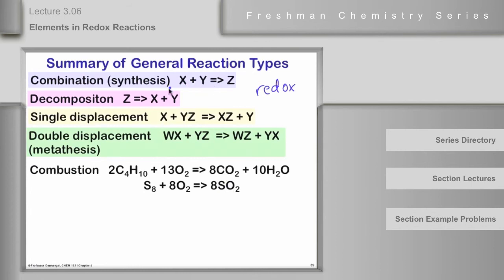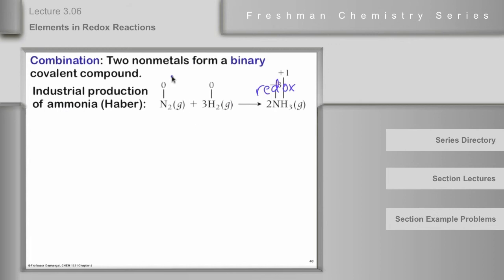And each of these 4 may or may not be a redox reaction. And if the question says, is this a decomposition reaction and a redox reaction, perhaps you would be wise to assign the oxidation numbers and check to see whether any of them undergo a change in order to answer one part of the question. So I'm going to look at some examples so that you'll be comfortable with it.